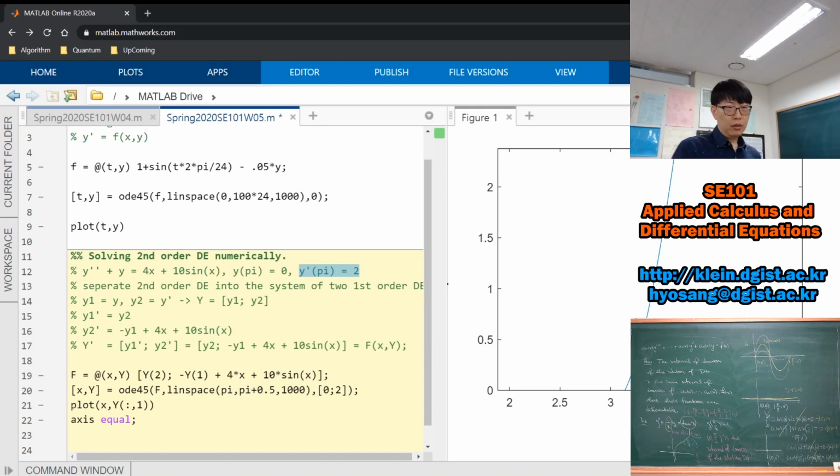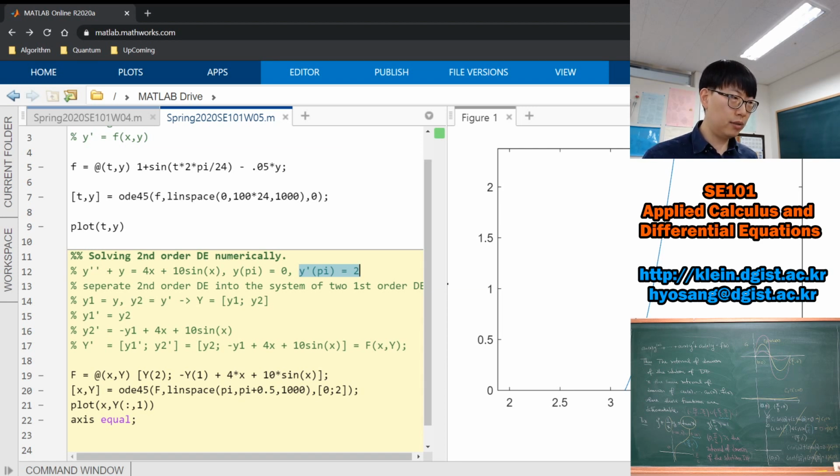Now ODE45 only gives the graph starting from the initial point. How do you use ODE45 to draw the curve before the initial condition? Suppose that I want to draw this function from 0 to 2 pi, but my initial condition is given at the point pi.